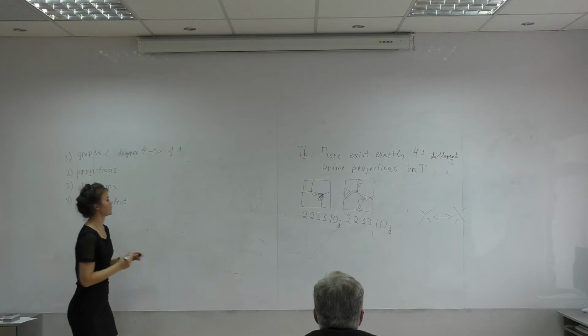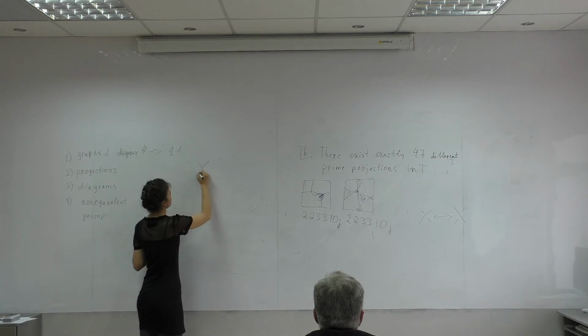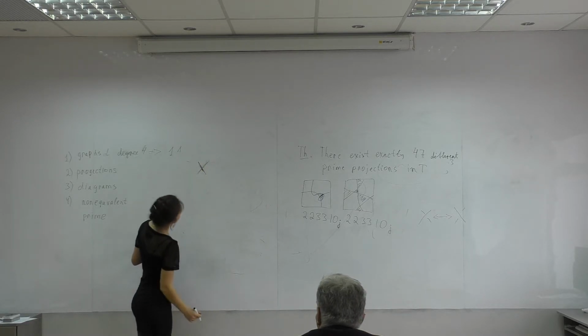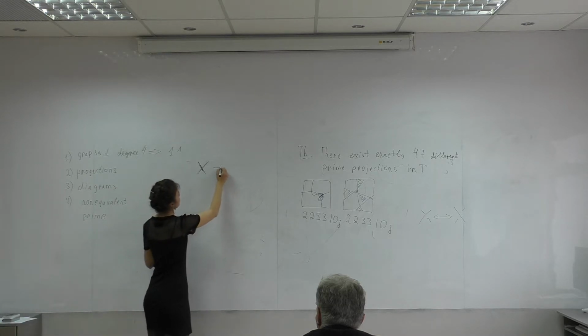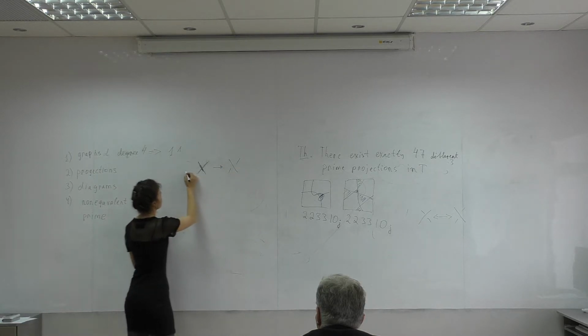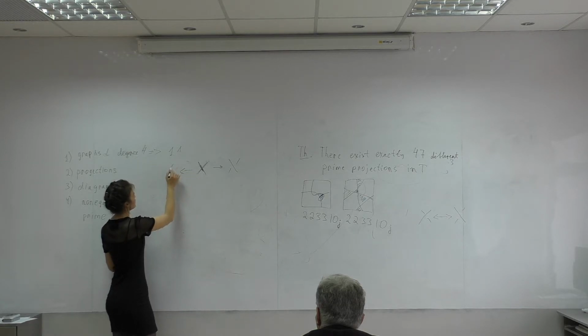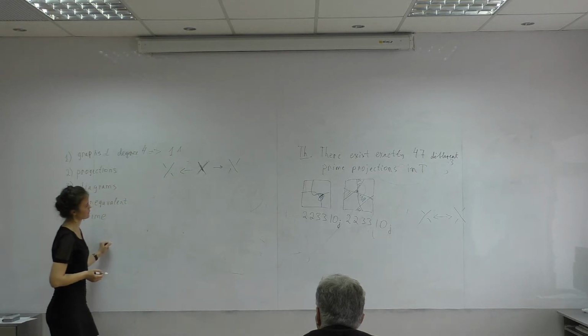To this end, we should just associate each crossing point with one of the following types.